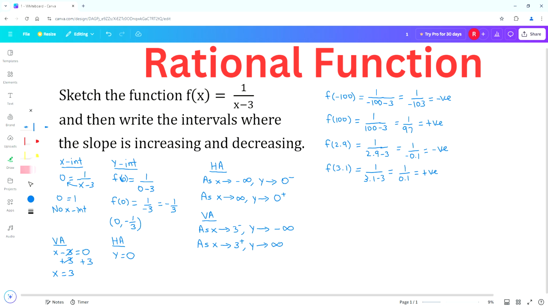Now we can use all of this information to sketch the function. We can start by showing the intercept. There is no x-intercept and the y-intercept is negative 1 over 3. So somewhere here.